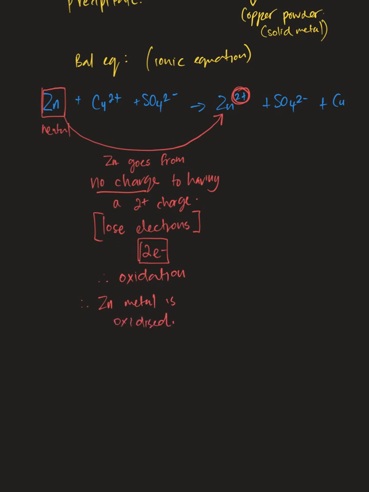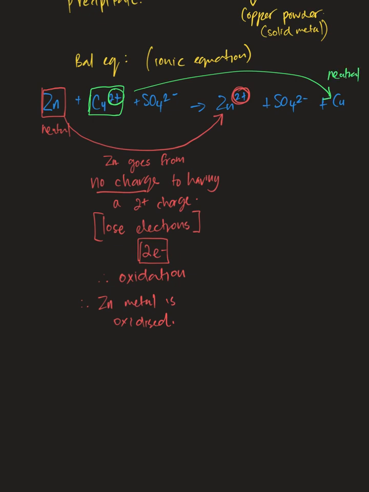Right, this is just a basic overview. We're going to get into this. Right, the next thing I'm looking at is, let's choose the green here. Right, if I look at the copper, it started off with a 2 plus charge. But when it moved to the other side, it became neutral.